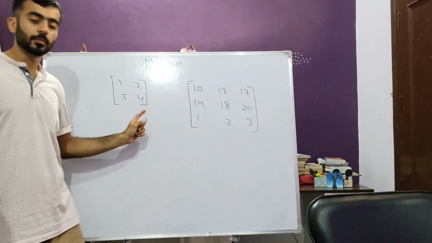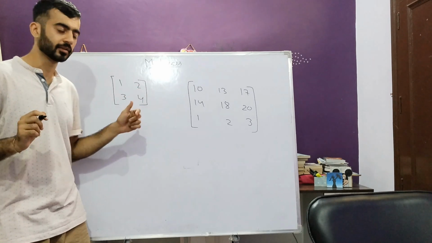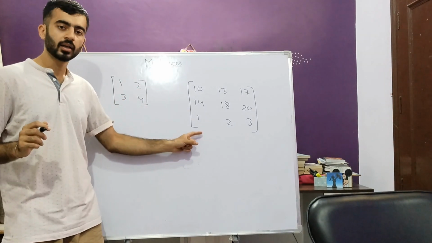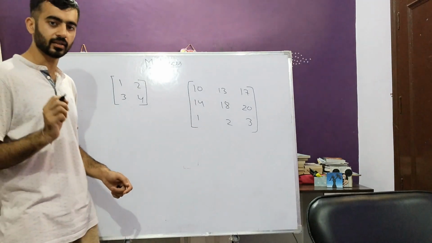A matrix in which the number of rows is equal to the number of columns is called a square matrix. Here there are 2 rows, 2 columns. Here there are 3 rows, 3 columns. That's why they are called square matrices.